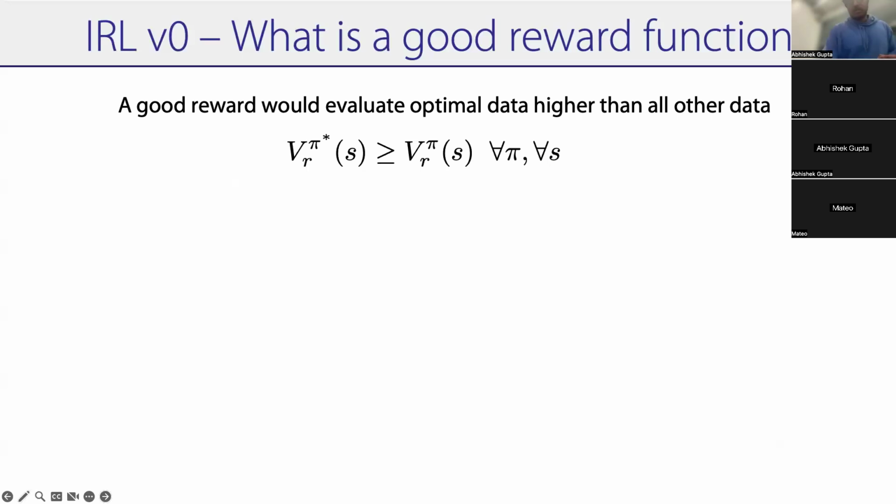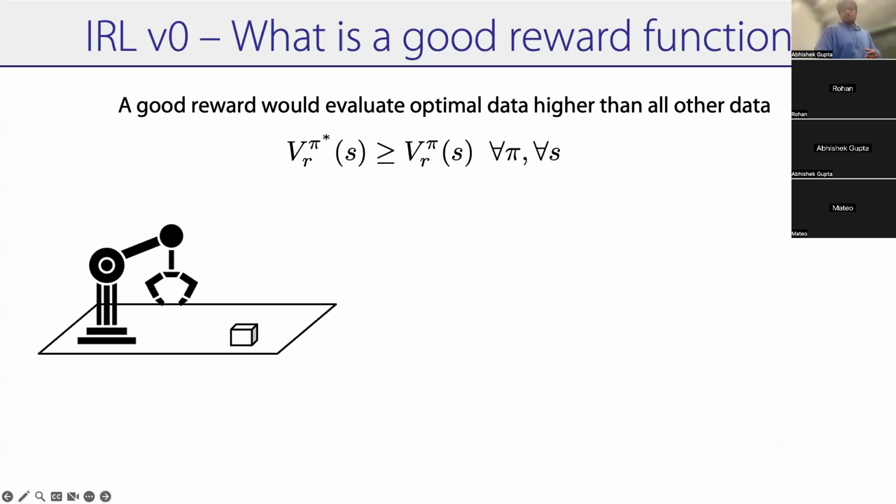So let's try and think about what this means. It means that if I got some data, I'm going to choose the reward such that the value function of this behavior is high, and the value function of all other behaviors is lower than this at least.